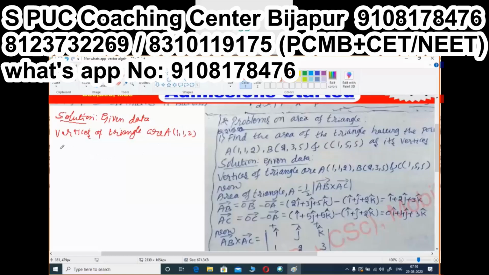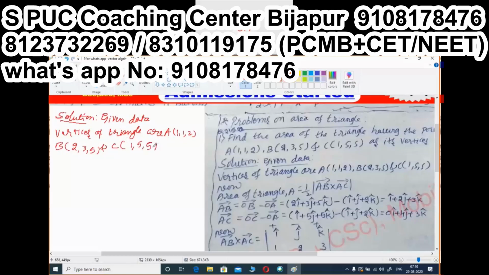Second vertex B, that is point 2, 3, 5. Next, C vertex C, that is 1 comma 5 comma 5.